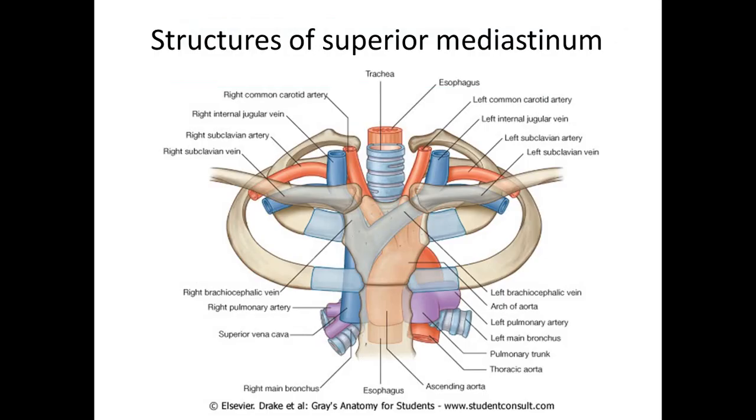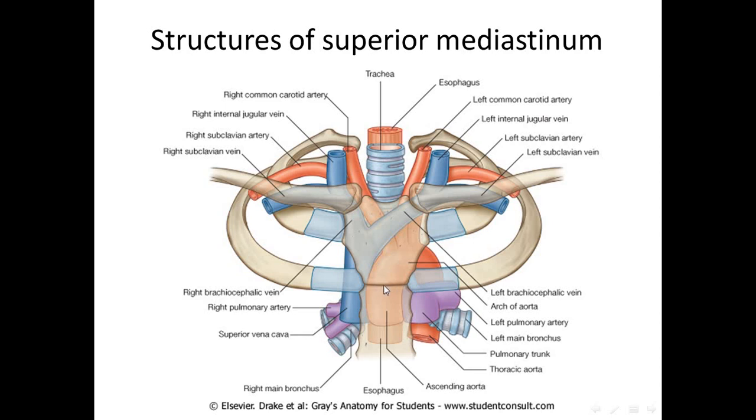So this is another illustration which shows the structures that are included within the superior mediastinum. So let's review the borders of the superior mediastinum. It extends from the superior thoracic inlet to the manubrium.